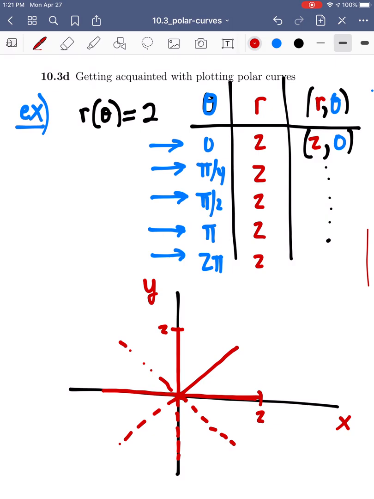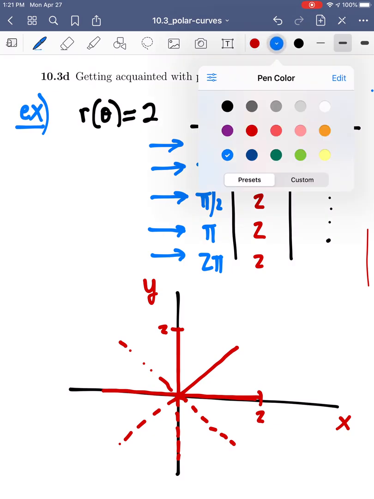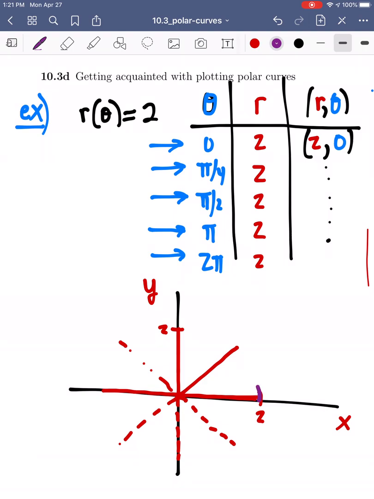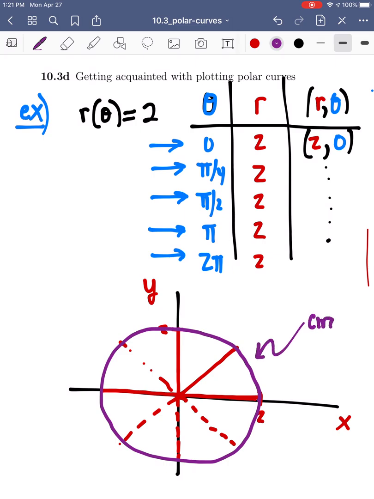So if we tried to plot this curve, if r is always equal to 2 no matter what the angle, we get a circle. In particular, a circle of radius 2.